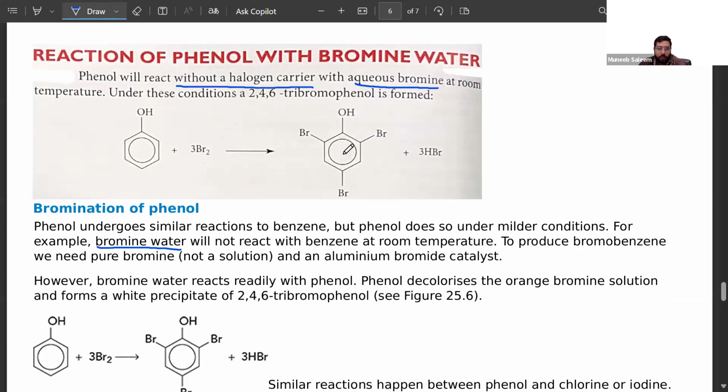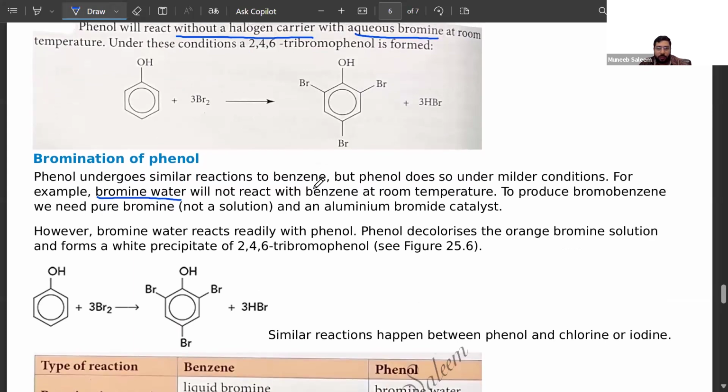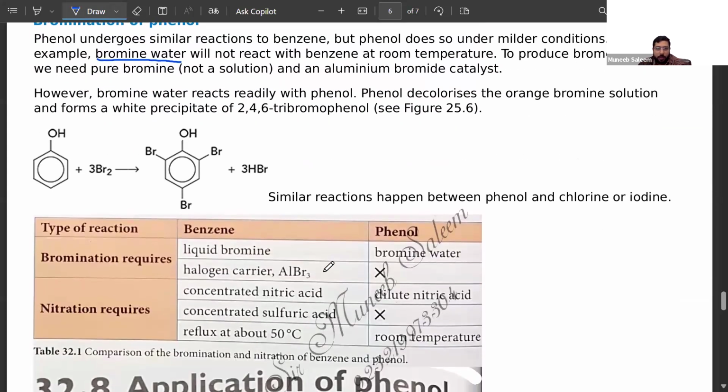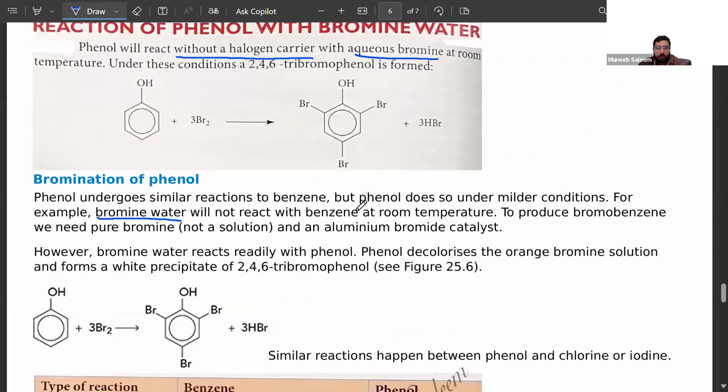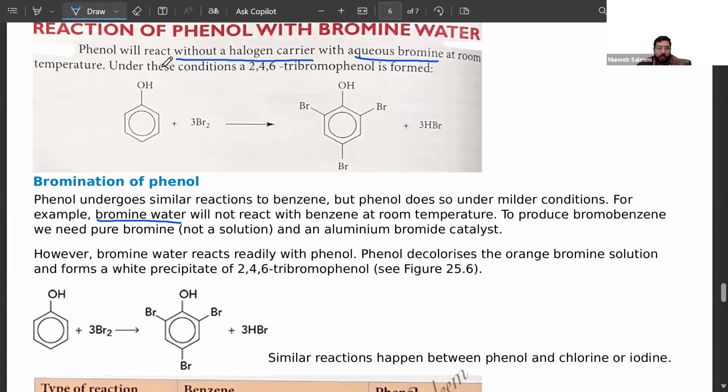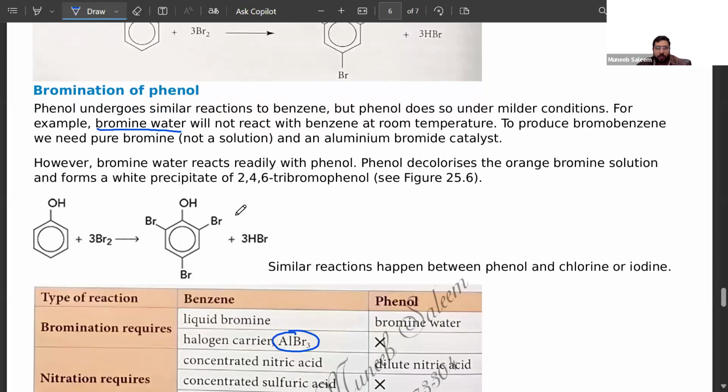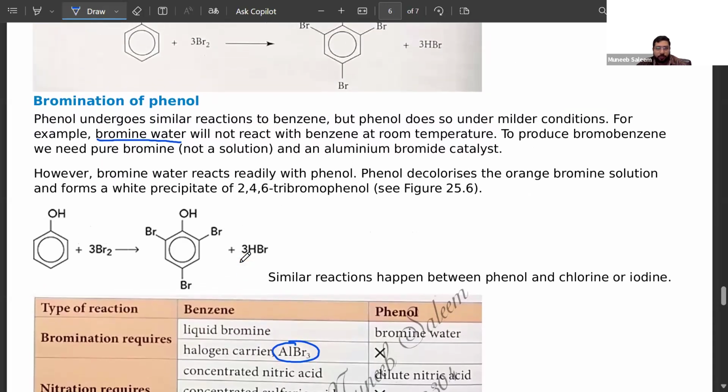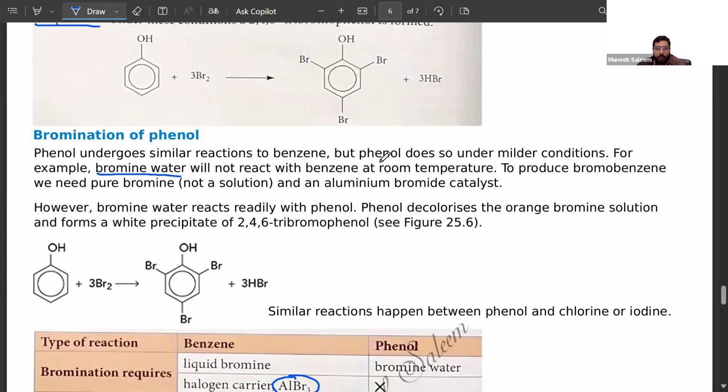We know the halogen carrier, like AlBr3 or AlCl3, is used in the case of benzene, but here it is just bromine. And this can react even at room temperature, whereas benzene does not react at room temperature. It does react under stronger conditions. So there's a difference here.